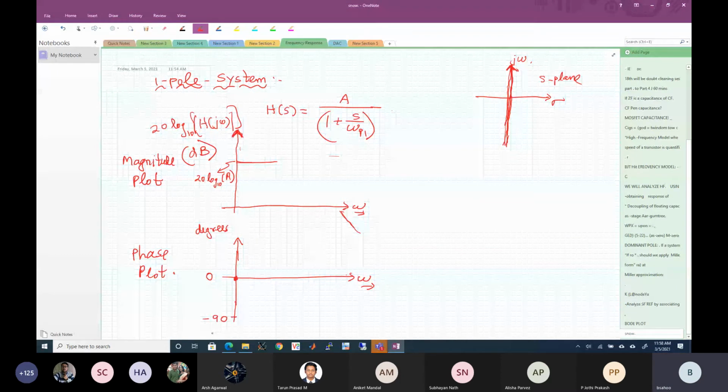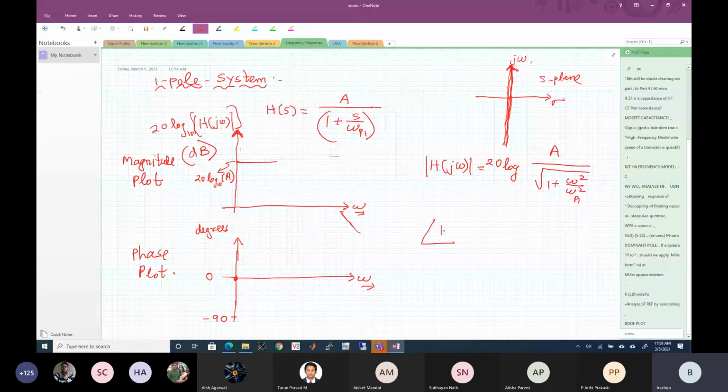So let's plot the magnitude. The magnitude of H of j omega is equal to 20 log of A divided by the square root of 1 plus omega squared over omega p1 squared. Correct?